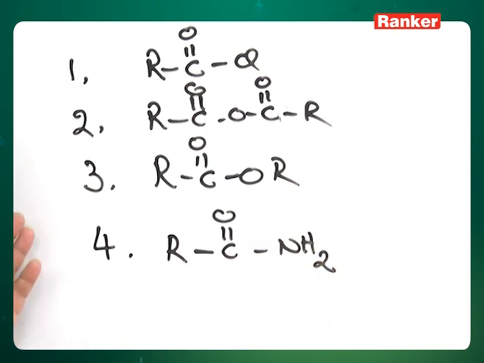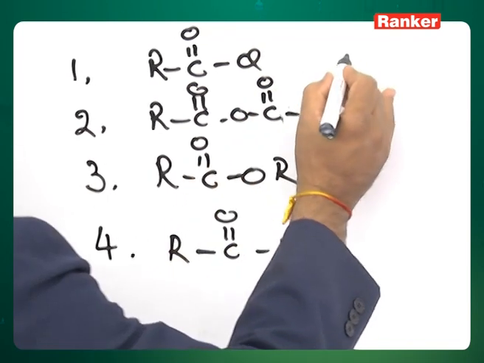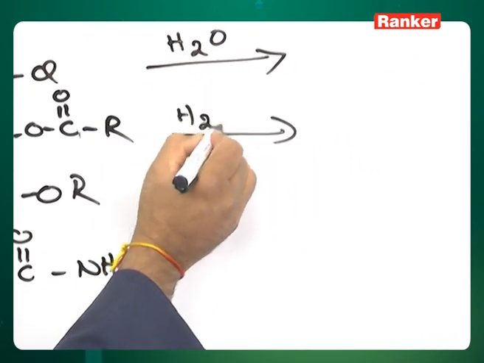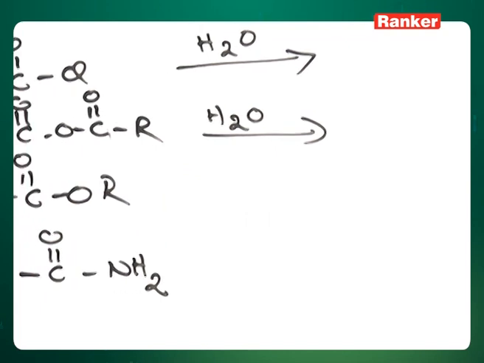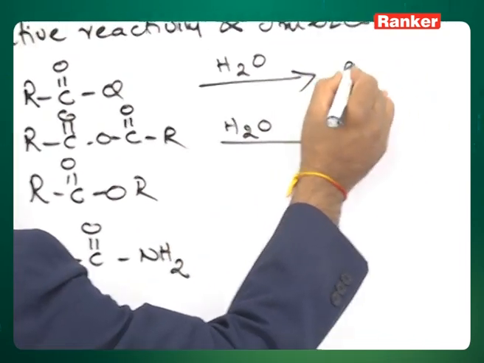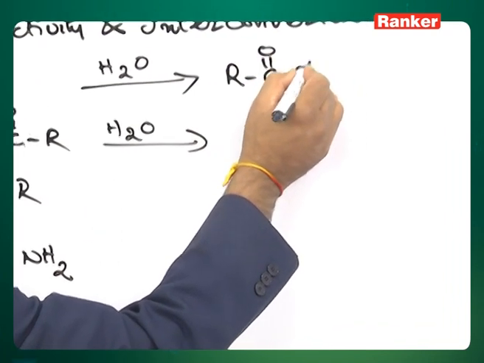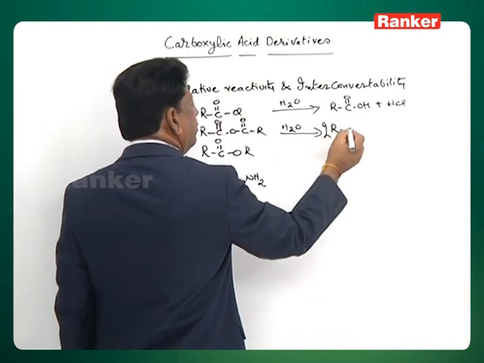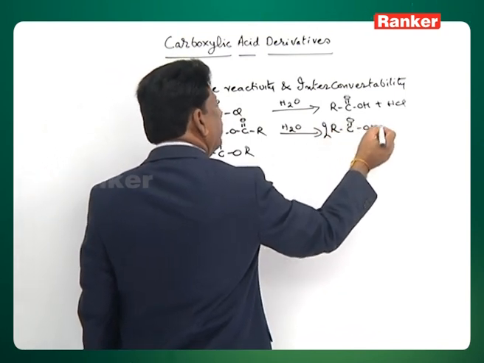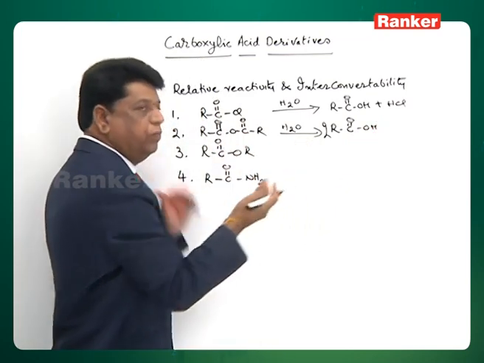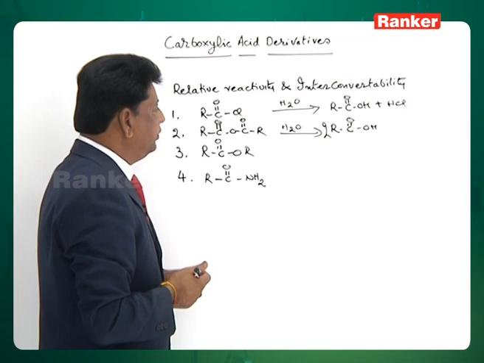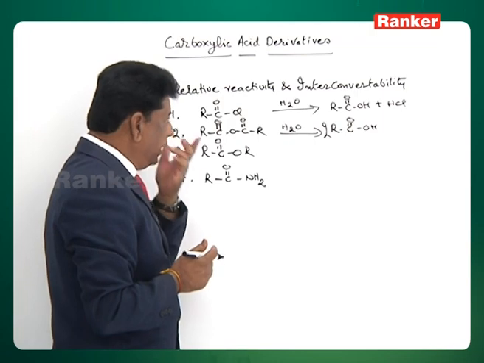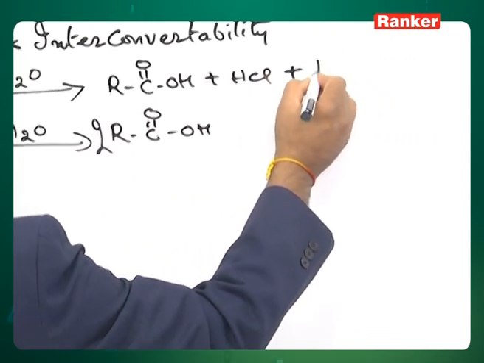Now, when you add water and see what happens, in the first 2 cases, they react with water without any catalyst and all that, they undergo reaction, giving the carboxylic acid plus HCl in the case here. In this case, 2 carboxylic acids will come. No byproduct, the water is absorbed, anhydride opens up, you will get the 2 carboxylic acids. That is carboxylic acid plus another carboxylic acid, you can write like this. And in this reaction, heat is liberated.